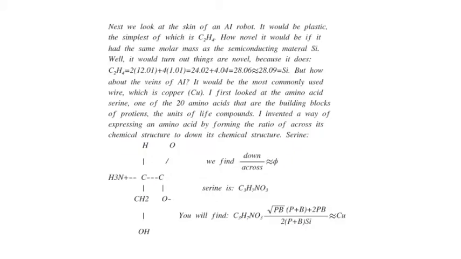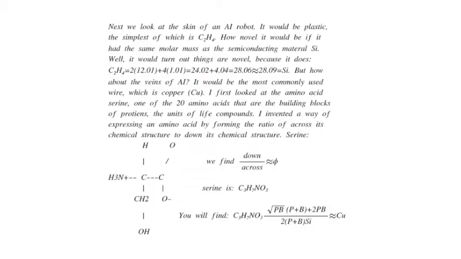I first looked at the amino acid serine, one of the 20 amino acids that are the building blocks of proteins, the units of life compounds, and I invented a way of expressing an amino acid by forming the ratio of across its chemical structure to down its chemical structure. Here we see on the left the chemical structure of serine. We add up going down: H plus C plus CH2 plus OH.